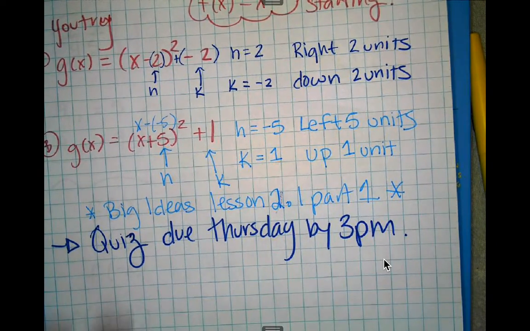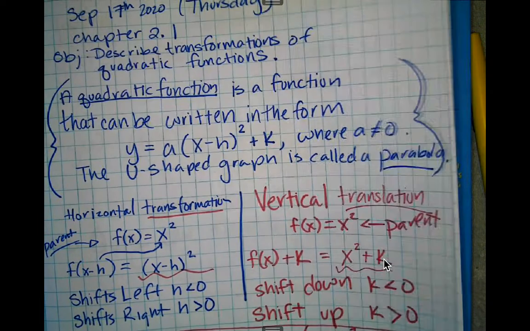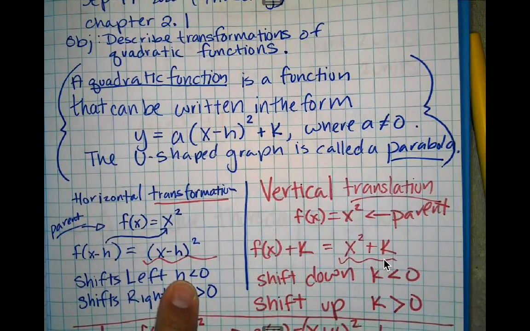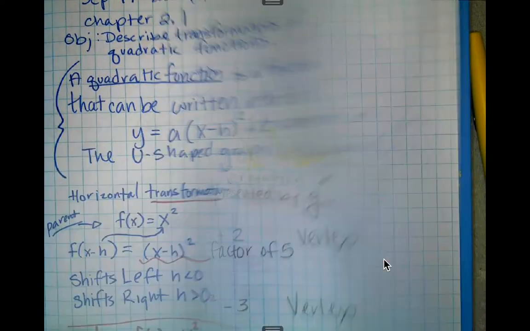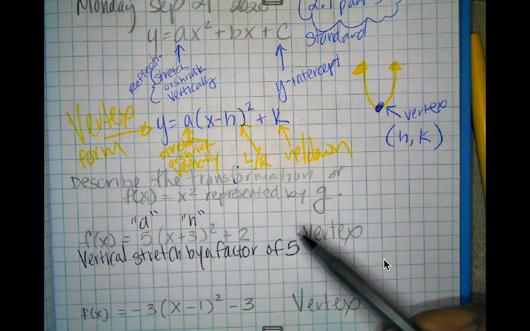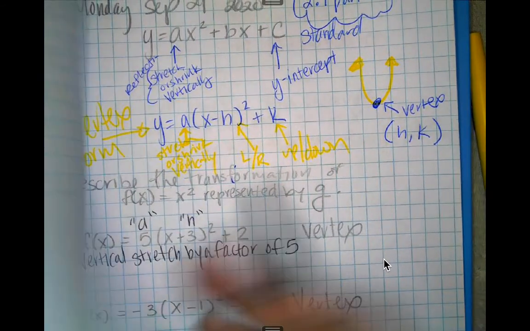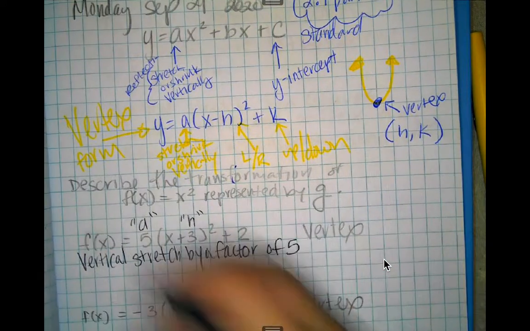If h is less than 0, it's left. If h is greater than 0, it's right. So my h is less than 0 because it's negative, and less than 0 is to the left.